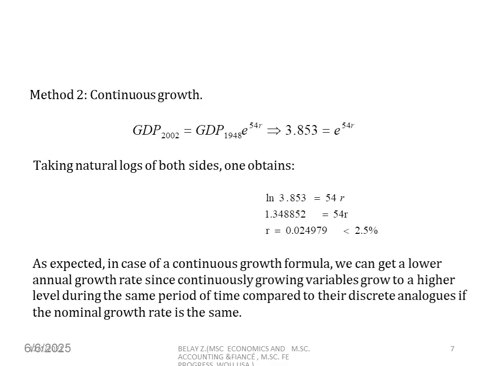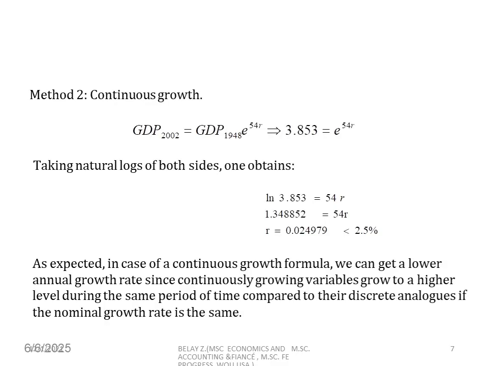Now continuous growth. GDP of 2002 is equal to GDP of 1948 times e to the power of 54R, which is equal to 3.853, equal to e to the power of 54R. Taking natural logs of both sides, one obtains ln of 3.853 is equal to 54R. 1.348852 is equal to 54R.